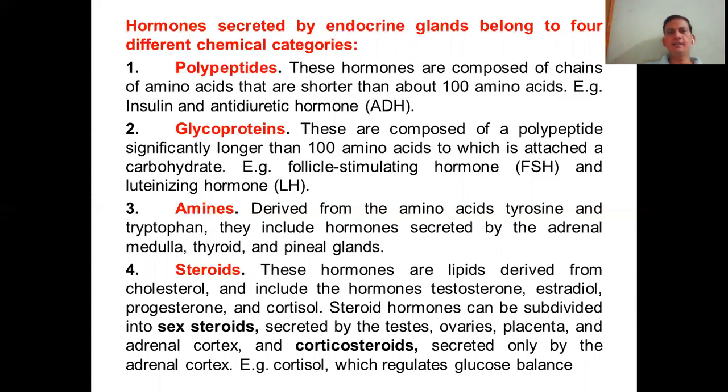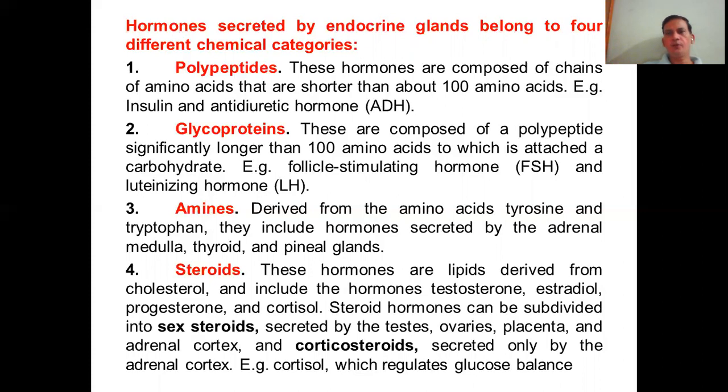The third category is the amines. So they are usually derived from the amino acids tyrosine and tryptophan. They include hormones secreted by the adrenal medulla, thyroid, and the pineal glands. Fourth one is the steroids.